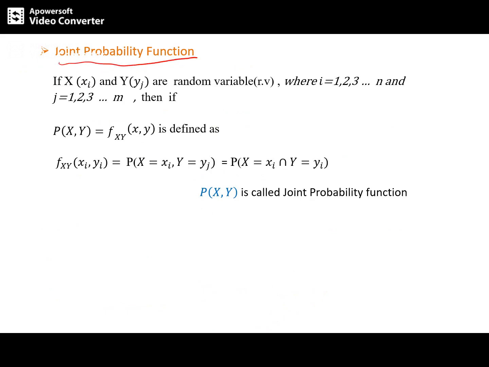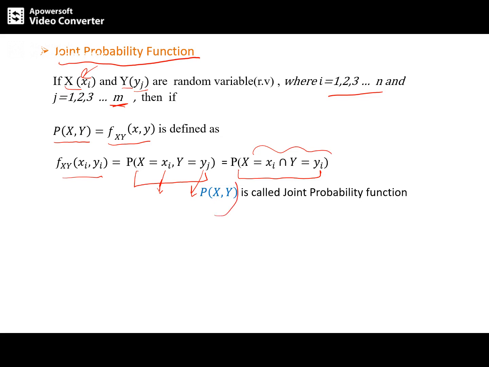Now let's explain the joint probability function. If capital X and capital Y are two random variables, of which capital X contains n discrete values and capital Y contains m discrete values, then the probability of (x, y), which is also denoted by f(x, y), is defined as the probability of X equal to xi, for any discrete number, comma, Y equal to yj, which is defined as X equal to xi intersection Y equal to yj.